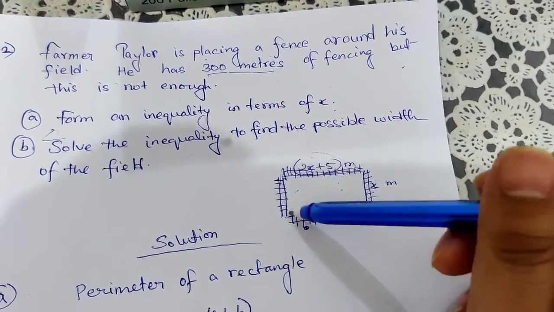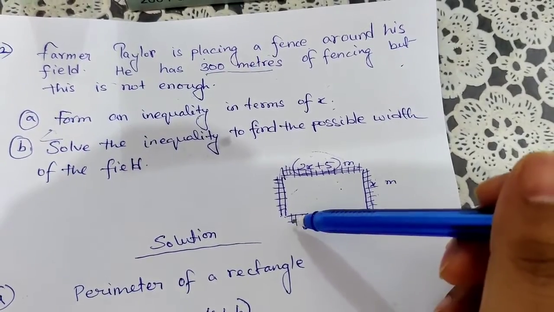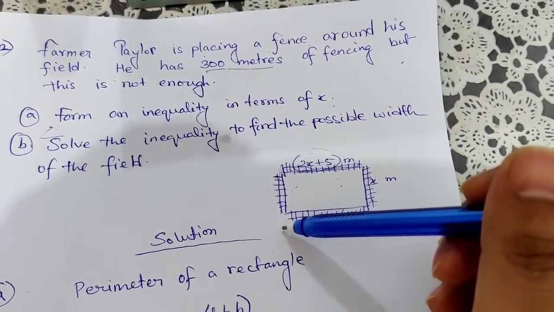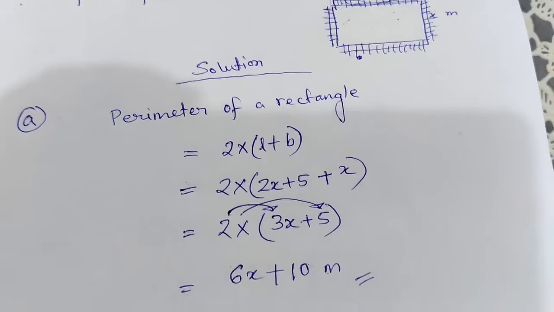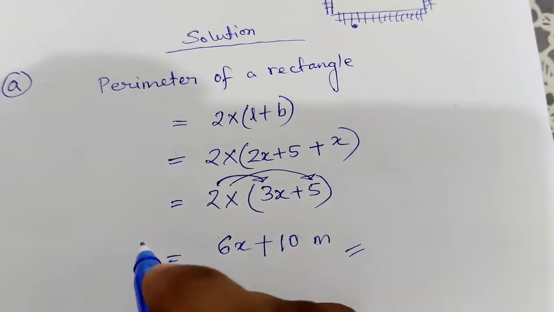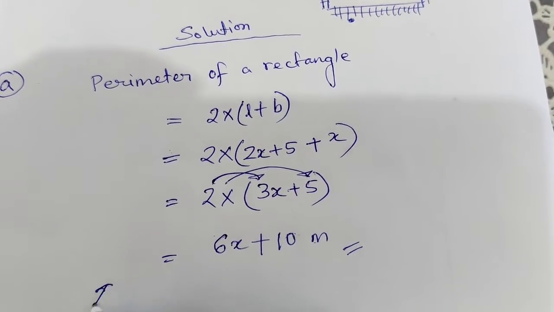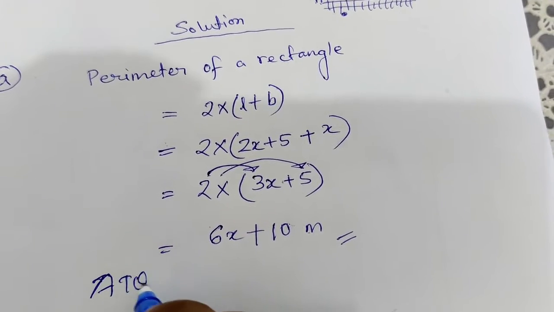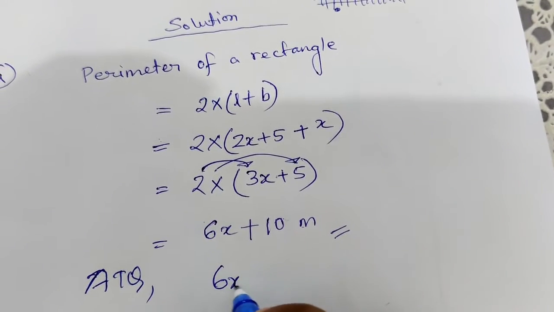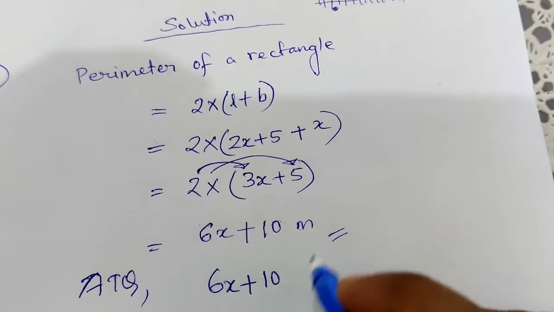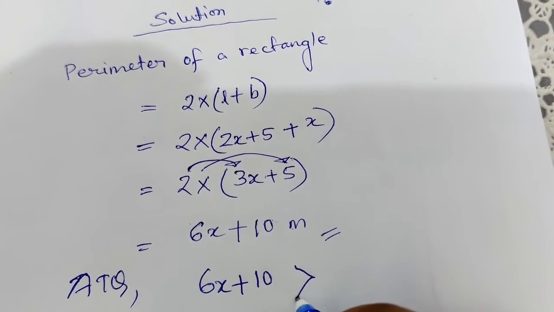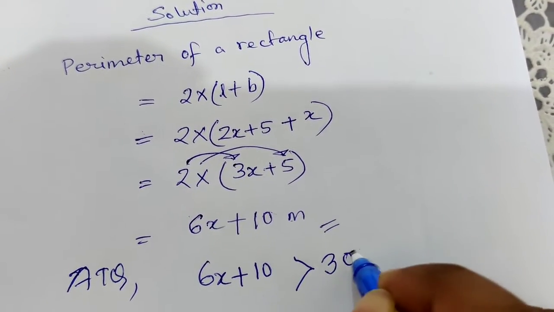That means the perimeter of this rectangle is more than 300 meters. So according to the question, 6x plus 10, which is the perimeter of the field, is greater than 300.